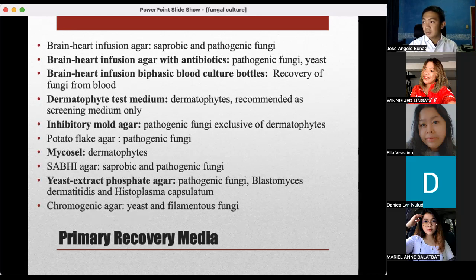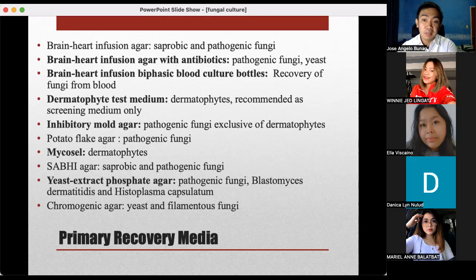So, aside from that, meron din tayong mga iba't iba pang mga culture media. So, we have your dermatophyte test medium. This is basically used for your Microsporum, your Epidermophyton, mga Trichophyton, sa mga hair, nails, or skin scraping and scaling ng scalp lesion. So this is used to isolate dermatophyte from your cutaneous lesion.